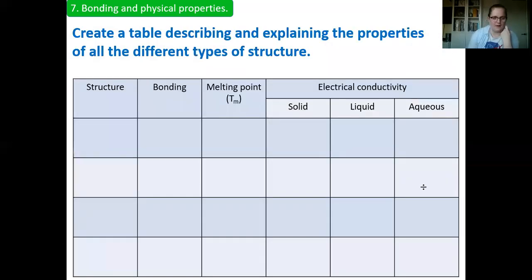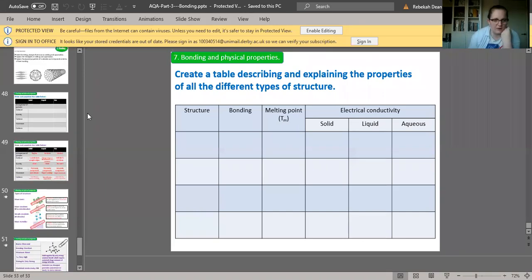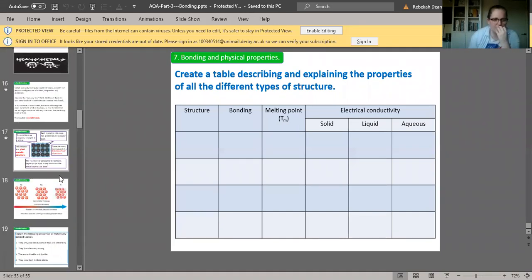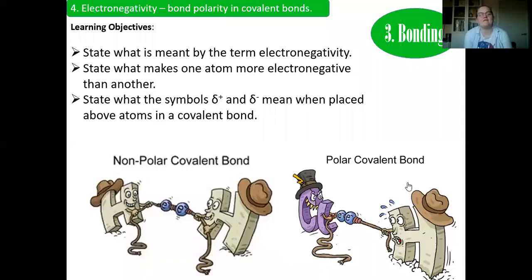Now I'm going to go back and go through the other bits of bonding, but I find it's a little better to do it in this order. So I'm going to go through bond polarity in covalent bonds now. Again, this is quite similar to what we started talking about with water the other day in biology.